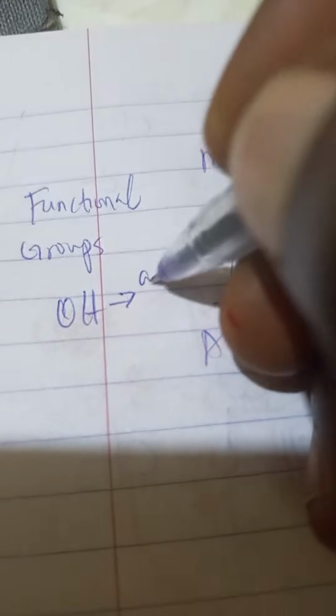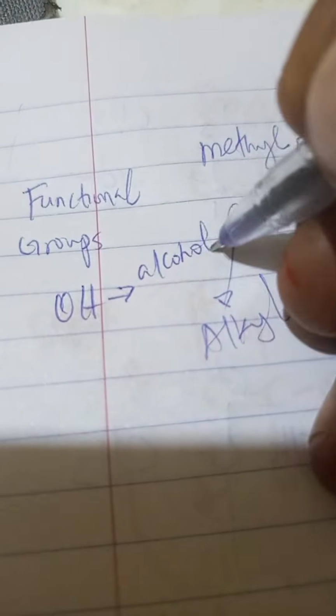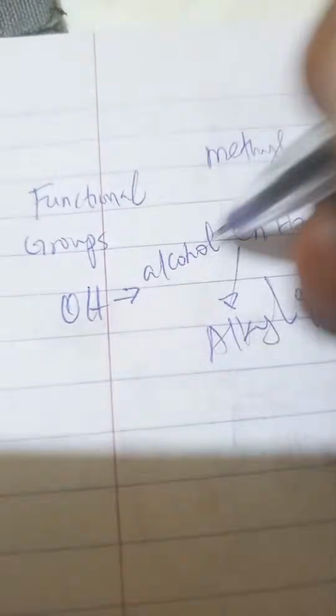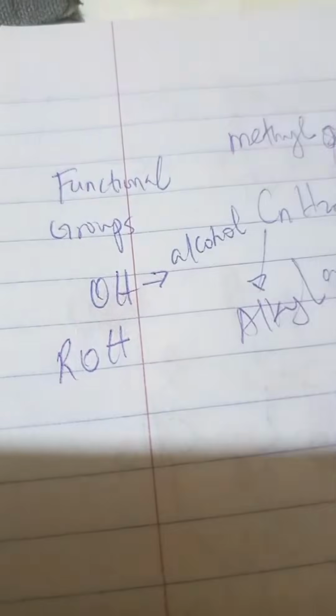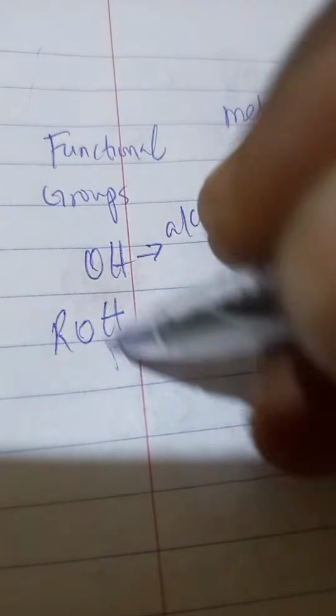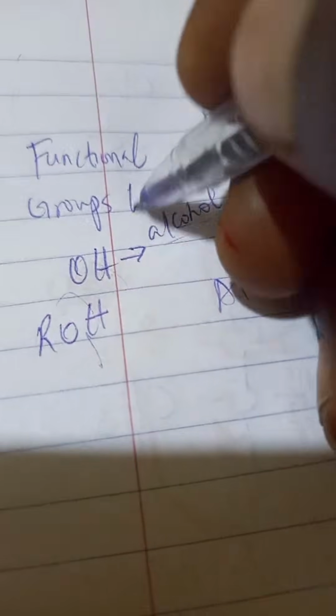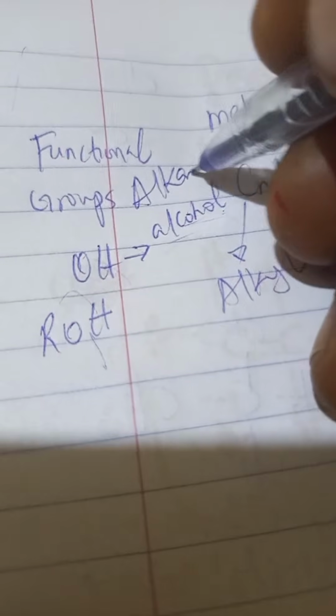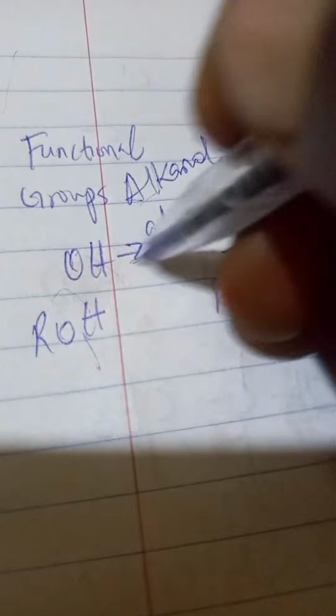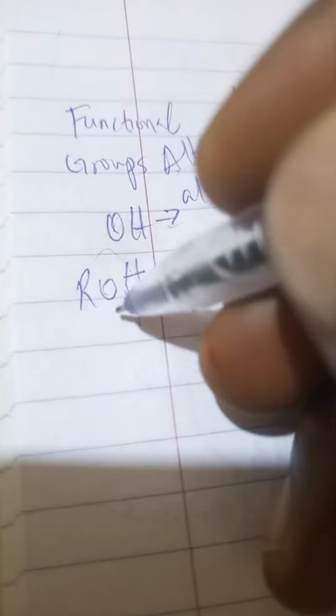Take for example OH. This OH is the functional group of alcohols. Every alcohol has OH in its formula. The functional group of alcohols is ROH, so any organic formula that has OH in it is an alcohol, or you can say an alkanol.